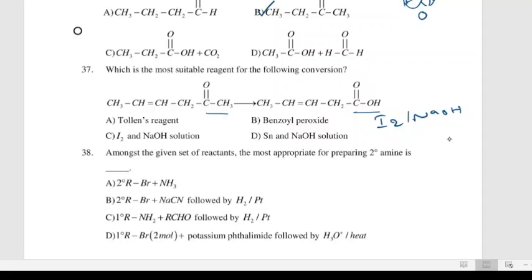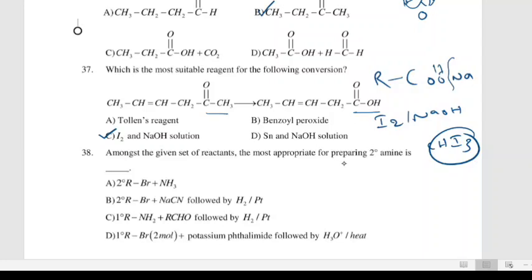Along with this yellow precipitate of iodoform, the sodium salt of the carboxylic acid will be formed. So on hydrolysis you will get the carboxylic acid again. So that means the better option is this I2/NaOH. Next one. Among the given set of reactants, the most appropriate for preparing secondary amine is... secondary amines. Let's check once.